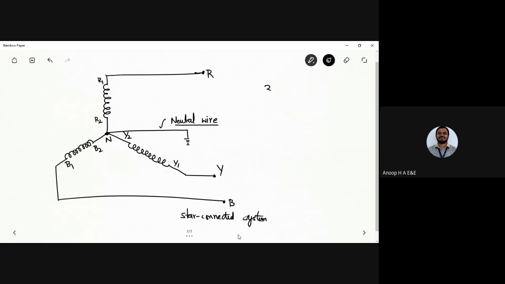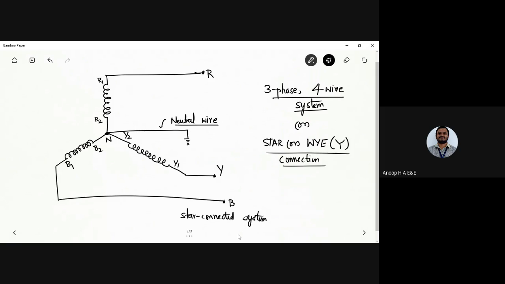So we have this star connected network to be a three-phase 4-wire system, or we call it star or Y connection.